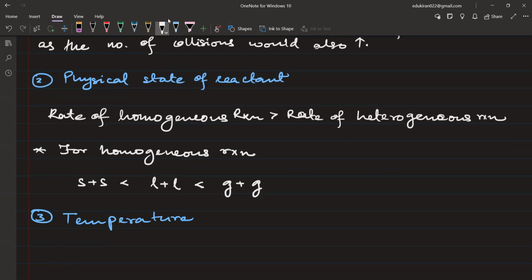Temperature we have seen just now. As the temperature increases, kinetic energy of reactants increases.